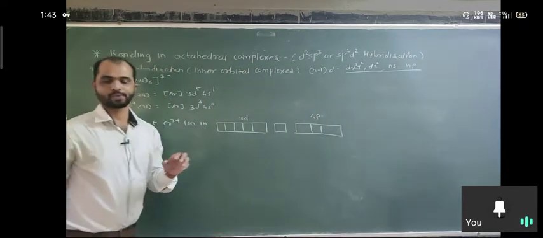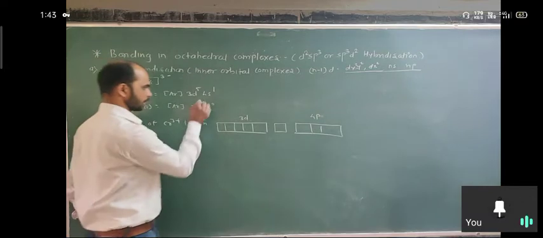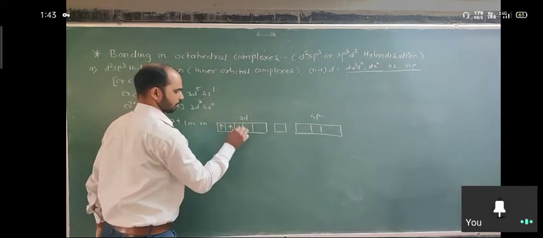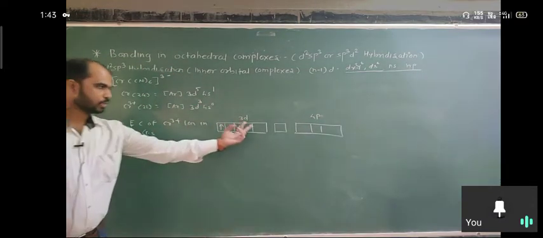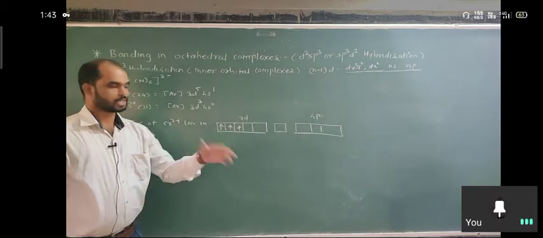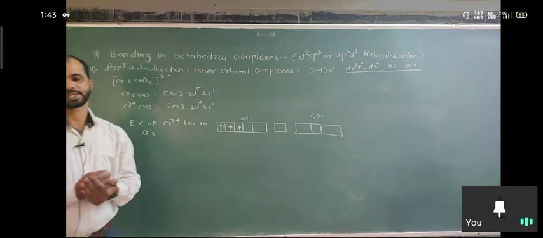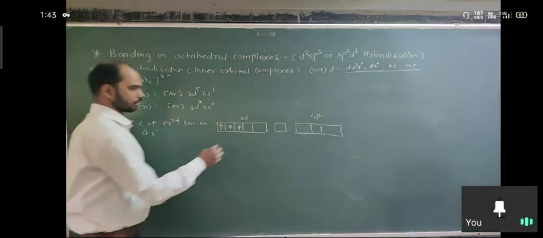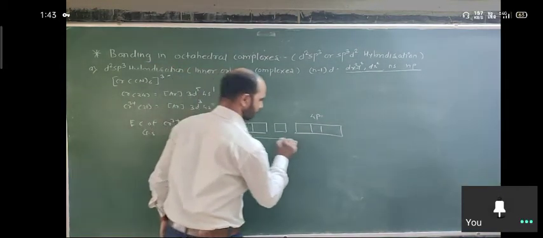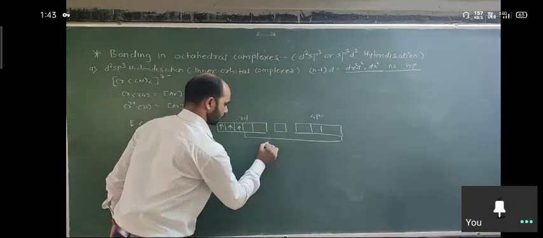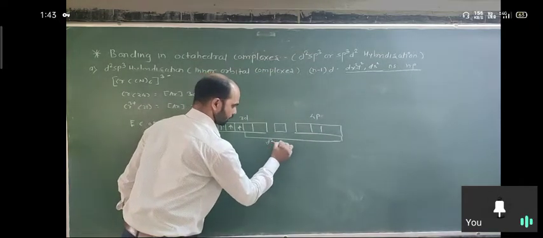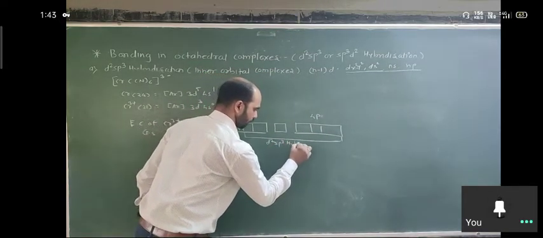When we put the electrons in 3d, there are 3 electrons, so already there are 2 empty orbitals. That means there is no need of excitation. We can directly write. So it undergoes which hybridization? d2sp3 hybridization.